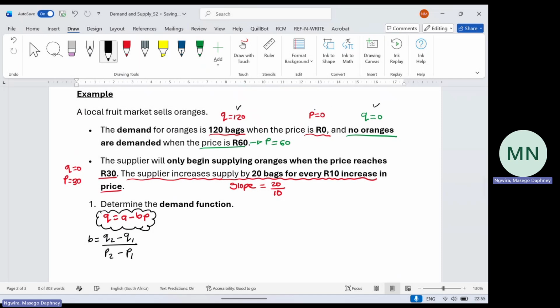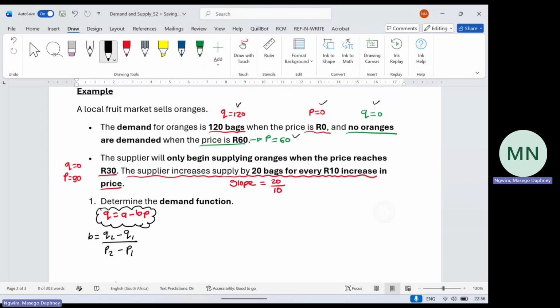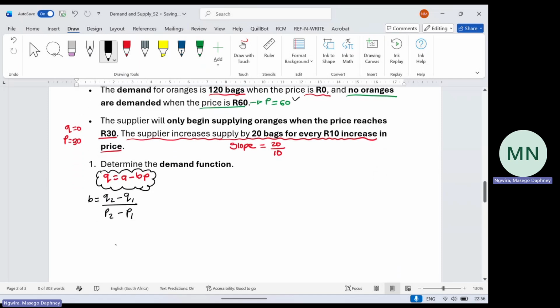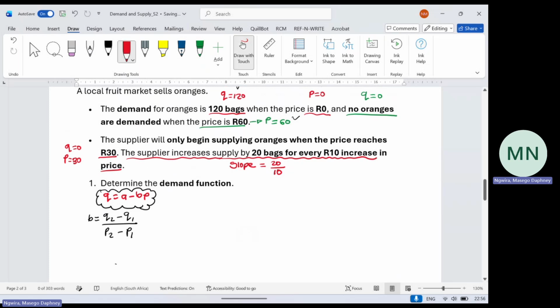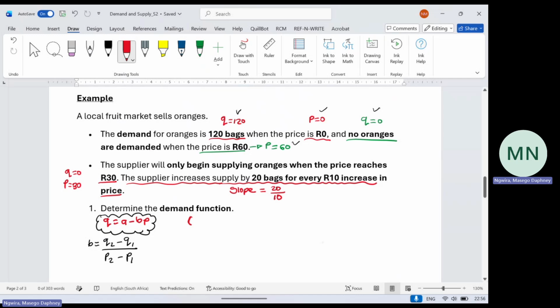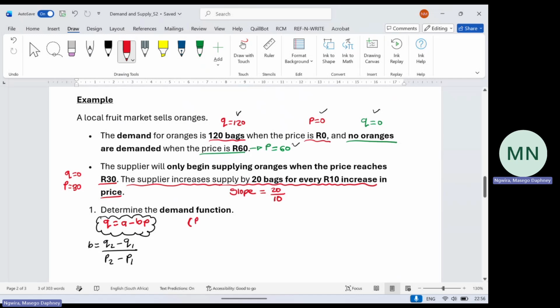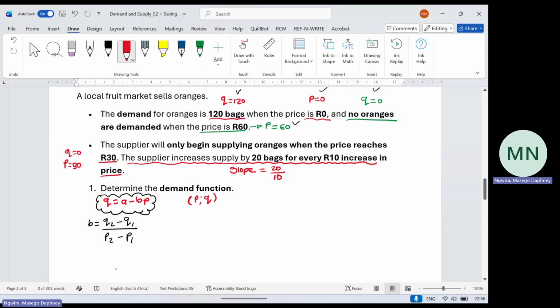I have the Qs, I have the Ps. Every time you write the coordinates, it's because your P is dependent. We start with P, so it's always P, Q. Not always, but it depends on the function.